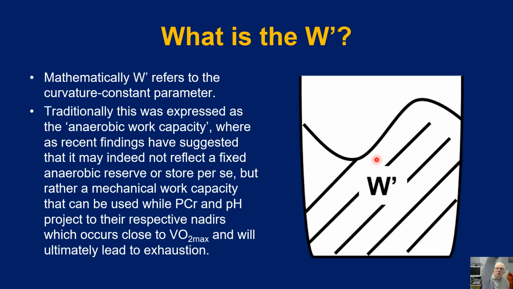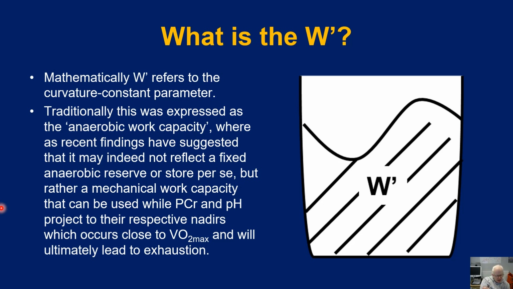Traditionally, this is why I was saying I want you to move away from the term anaerobic work capacity. What we understand the W prime is, it's not fixed. And it's not a fixed reserve, it's not a store per se, but it reflects a mechanical work capacity or capability.